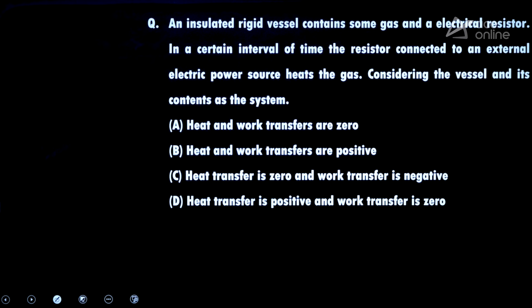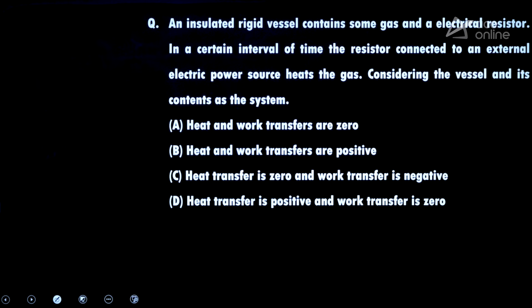Considering the vessel and its contents as the system, different options are available. Option A, heat and work transfers are 0. Option B, heat and work transfers are positive. Option C, heat transfer is 0 but work transfer is negative. Option D, heat transfer is positive and work transfer is 0. Try to get the answer.